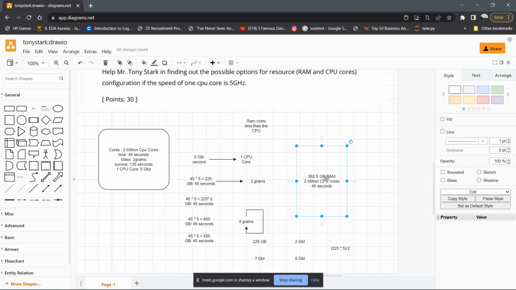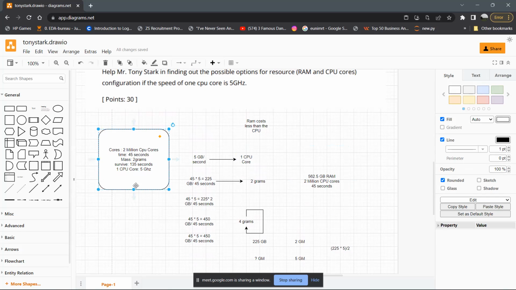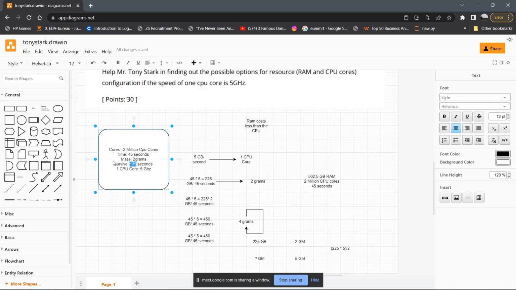So in that sense you have to approach the question like this: someone has an app configuration, and the app can only have a latency of 135 seconds. It has to transfer this much data, using these many cores, in this much time. Now I want to transfer this much data, and I have infrastructure limitations: I can buy RAM, but I cannot increase the number of CPU cores.